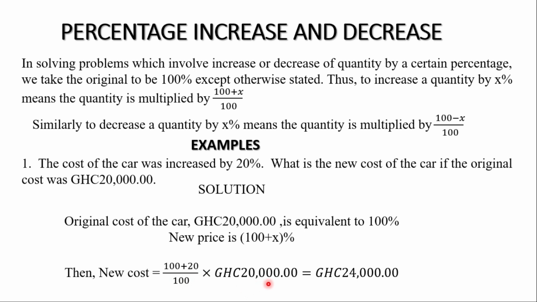That's why we say that you decrease or increase a particular quantity by a percentage by multiplying the quantity by 100 plus x on 100 or 100 minus x on 100. And so when you do that, your result is going to be 24,000 Ghana cedis.